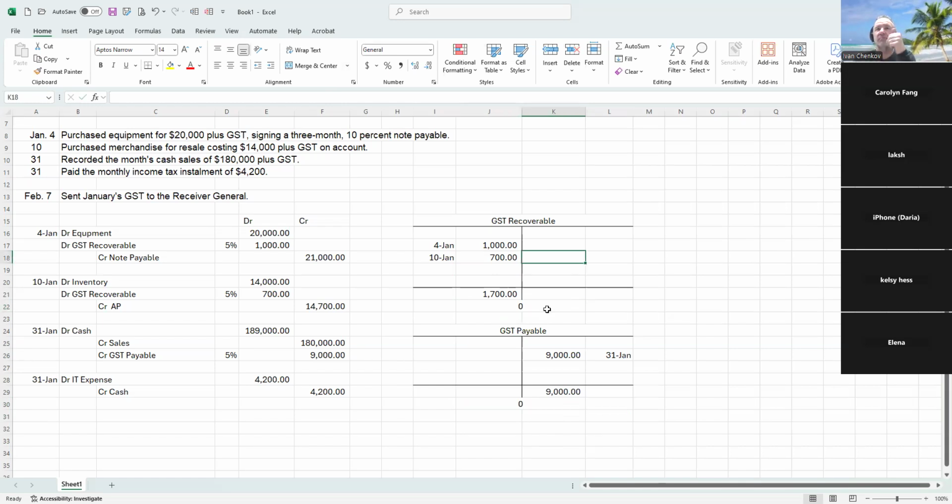Obviously, here I have to plug on the credit side $1,700. So my total should be here $1,700. And on the other side, I have to do the same.